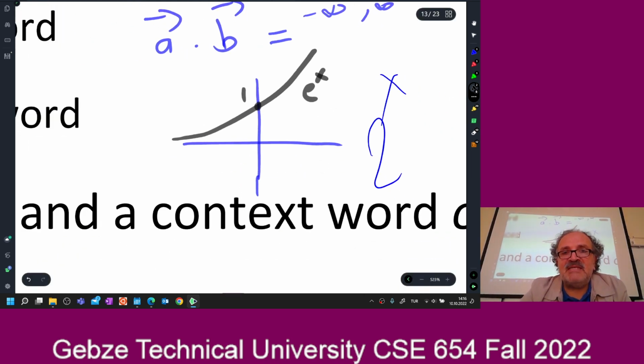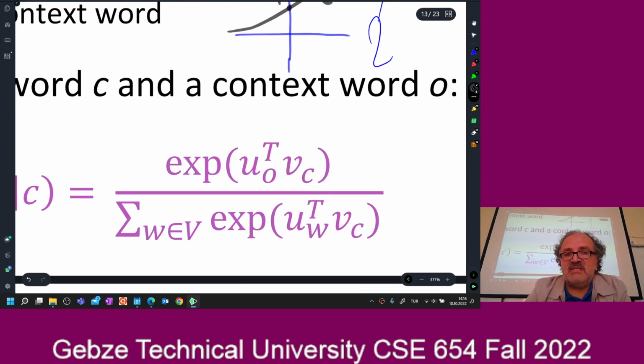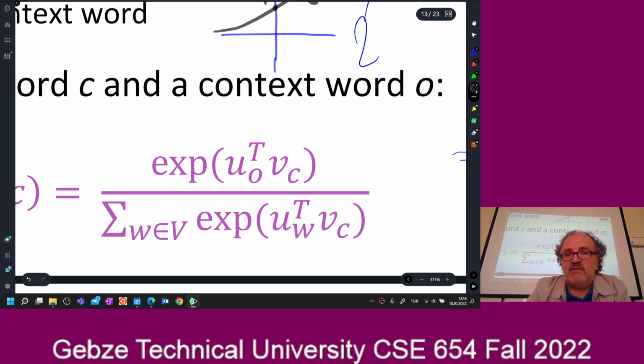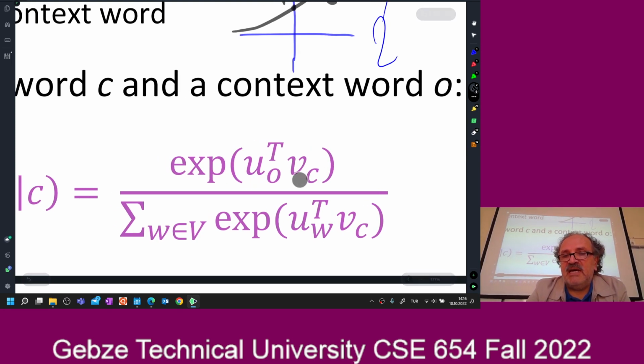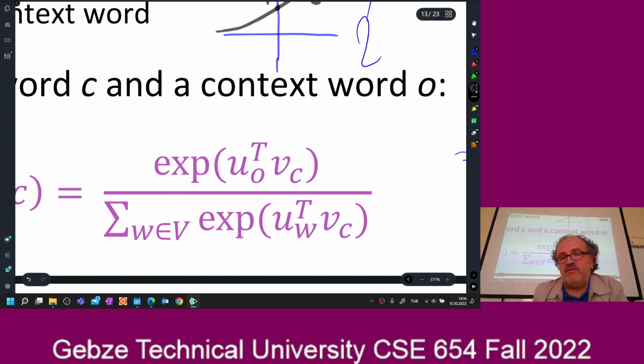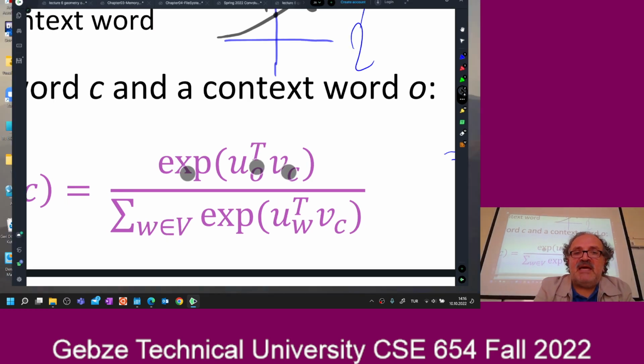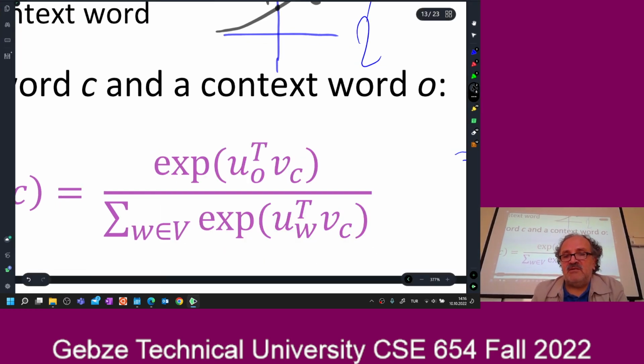So it makes sense to multiply two vectors and take the exponentiation of it, so that the upper part is definitely a positive number. It cannot be 0.